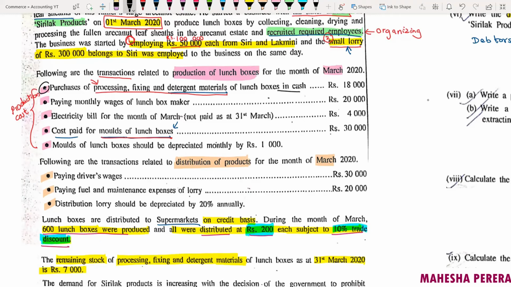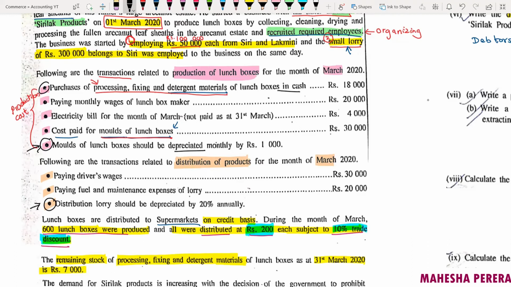Molds of the lunch boxes should be depreciated. Depreciation is an adjustment and we normally record it in the general journal. Here also we have depreciation, the distribution lorry should be depreciated 20% annually. So because of these depreciation details, we can write general journal as a prime entry book.